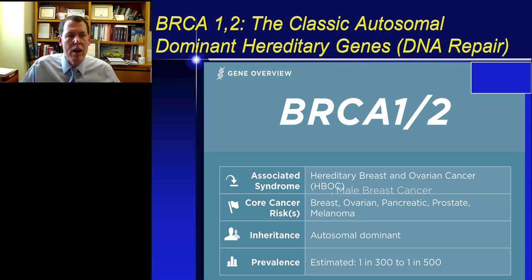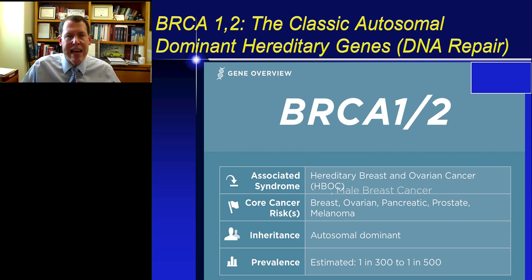And so with BRCA1 and BRCA2, the classic is hereditary breast and ovarian cancer. And this also leads to increased risk of male breast cancer. But the core cancer risk, meaning the most common cancers that form in people who inherit a BRCA mutation, would be breast, ovarian, pancreatic, prostate, and melanoma.